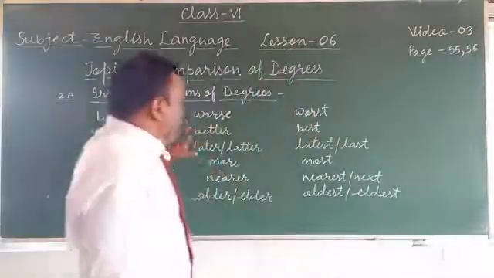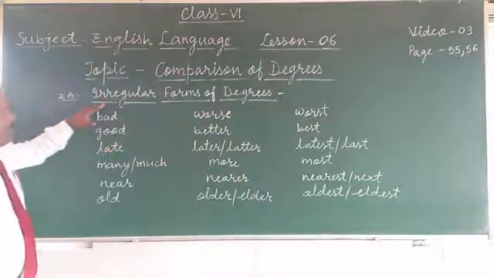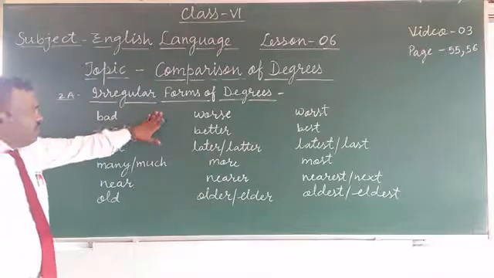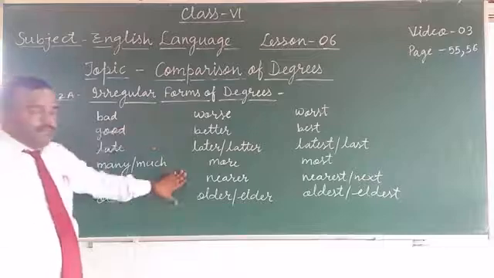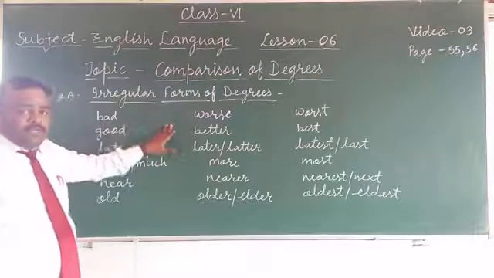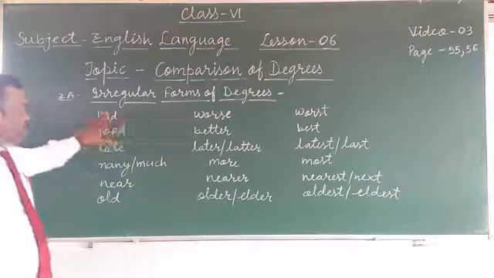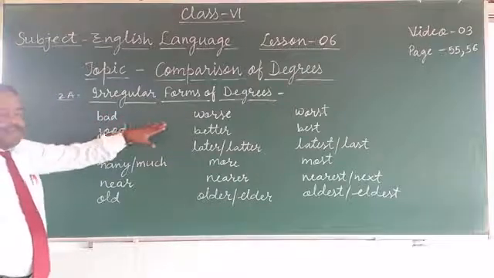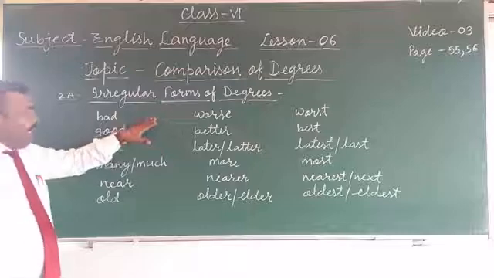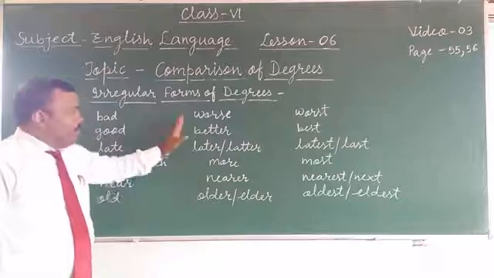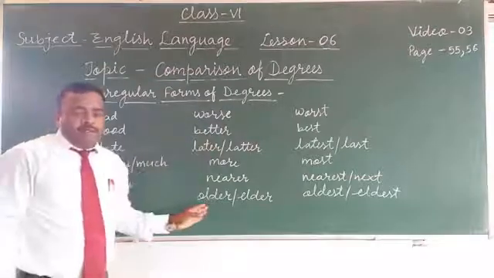Now here in this video we will study irregular forms of degrees. They are not the adjectives as we studied earlier. Here, their forms are different. They have different forms of comparative and superlative degree.